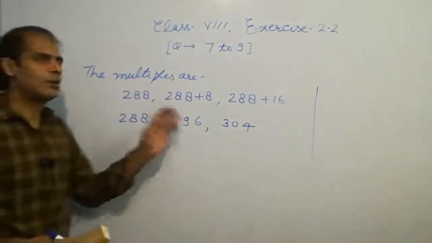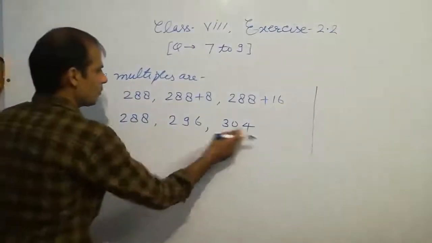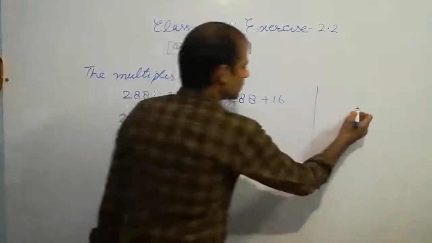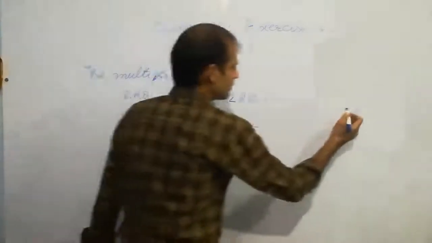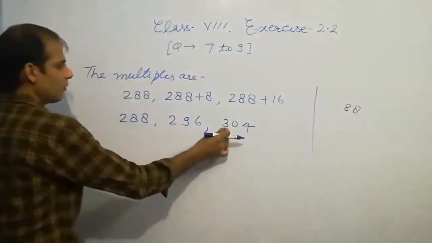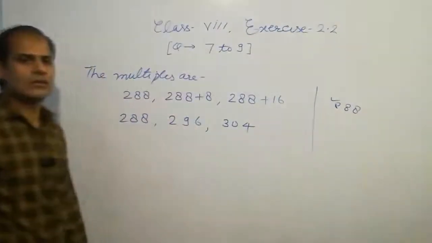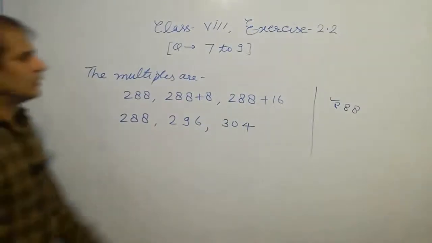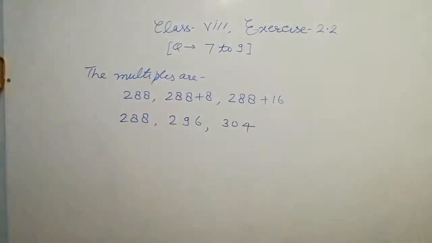Okay, you can do it in your rough notebook. This is cross checking. So 4 plus 6 10, 10 plus 8 18, 1 carry, it is 1, 9 10 plus 8 18, 1 carry, 1 plus 3 4, 2 6 2 8. So this is the right answer. Okay students, pause the video and note it down.